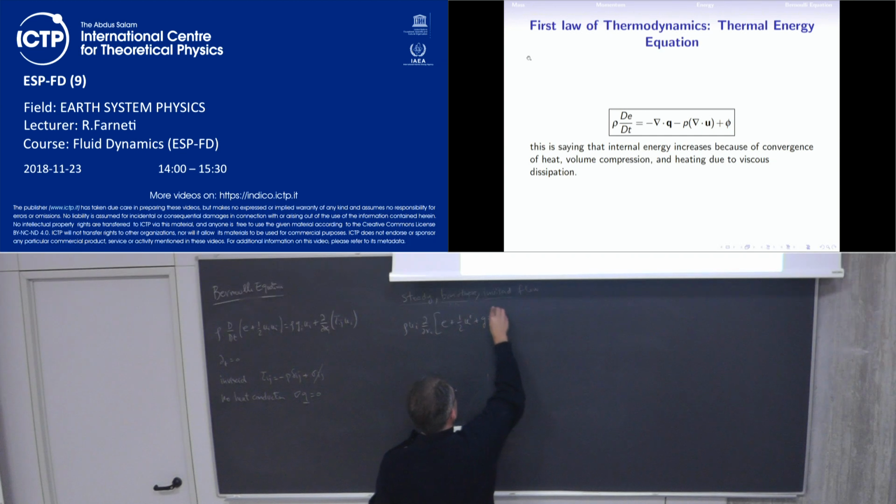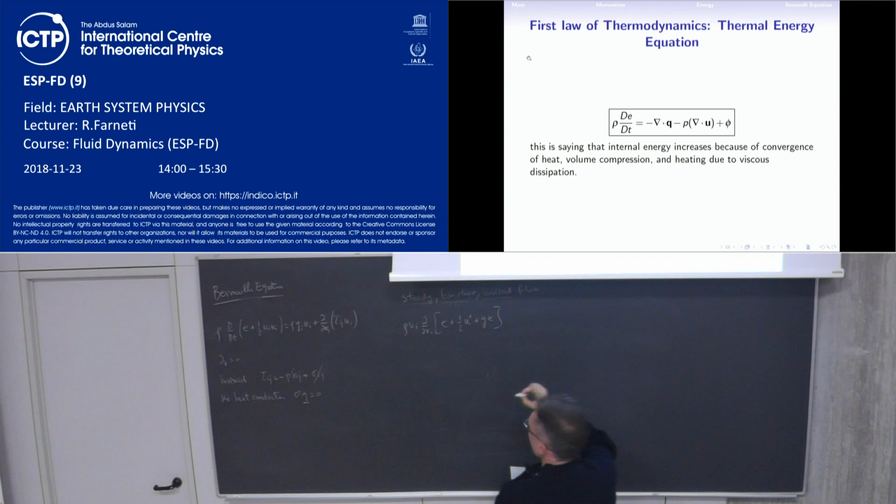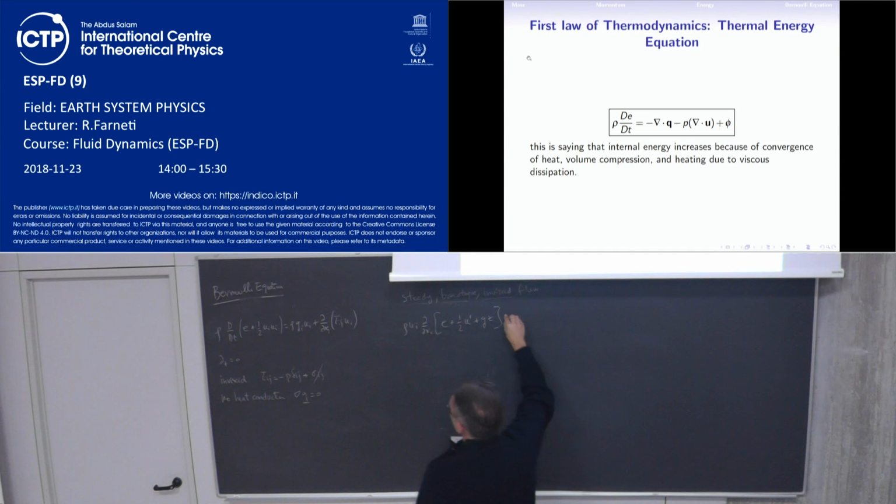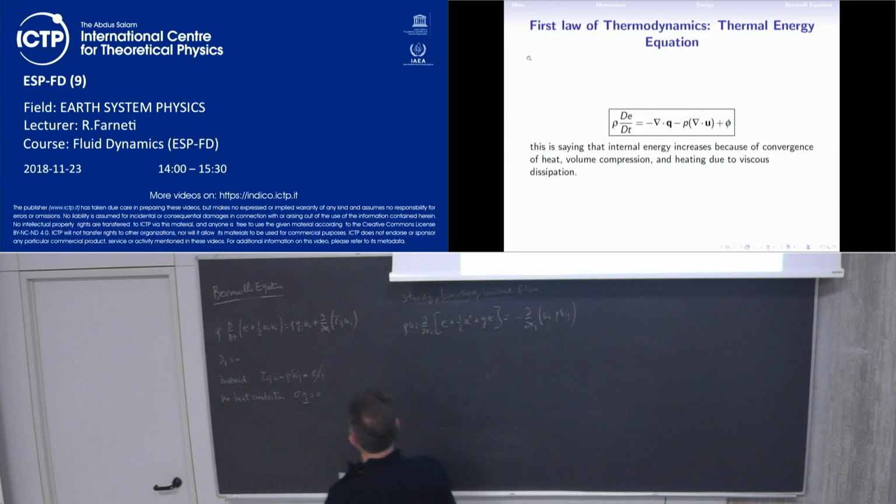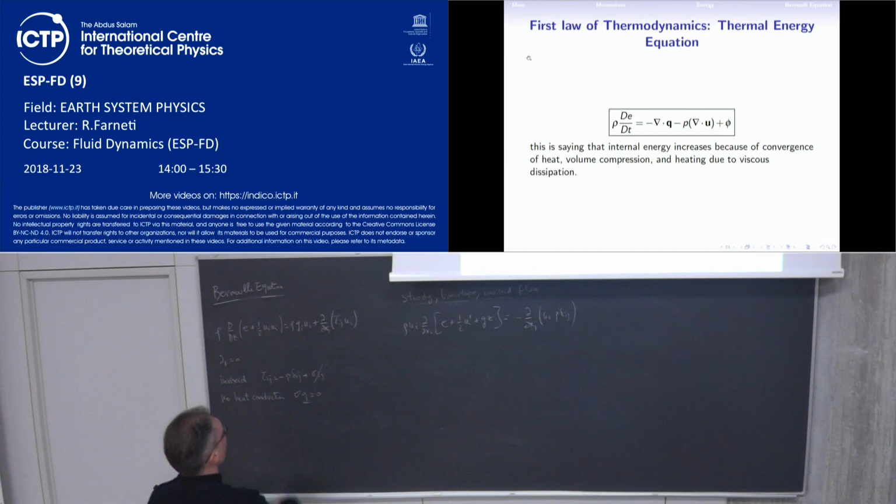Then we put the potential energy term on the left hand side, and this is only equal to the pressure term P, the Kronecker delta. Okay, this is equal to 0.